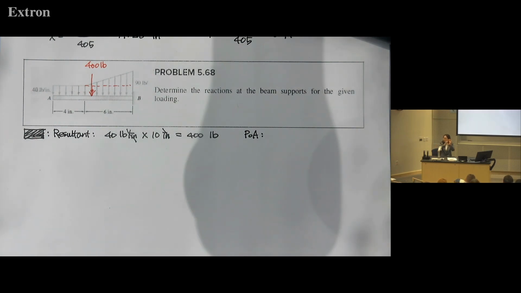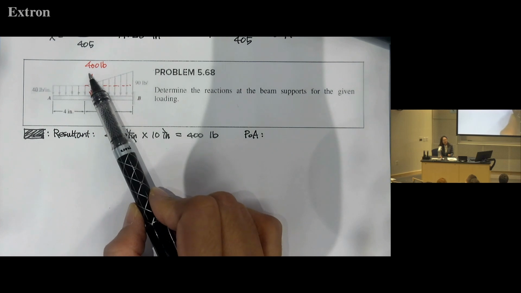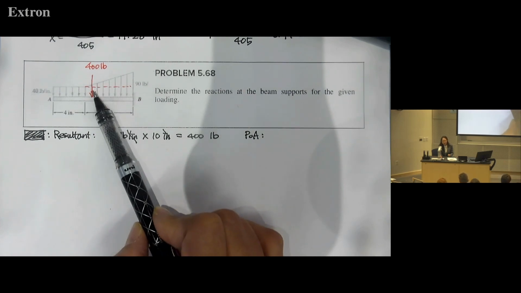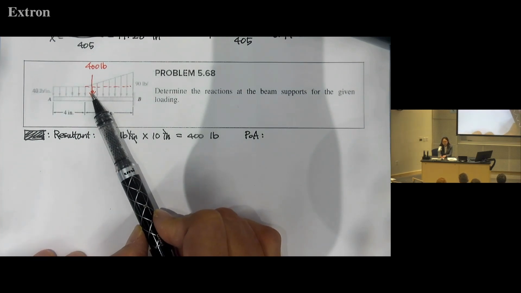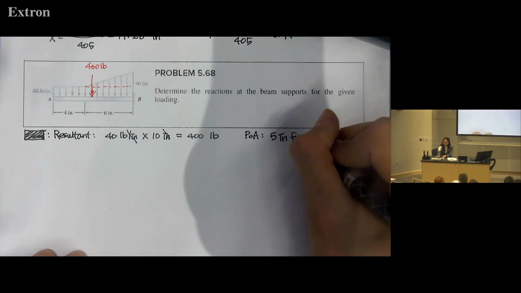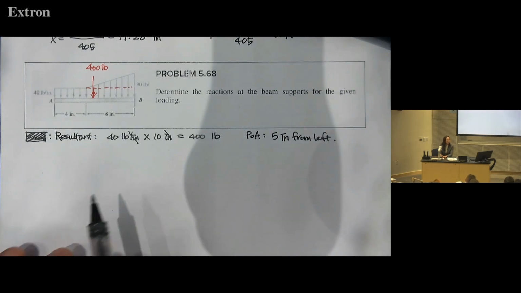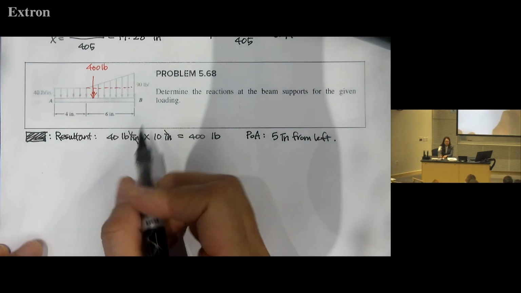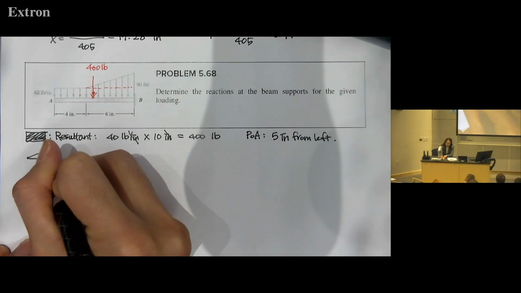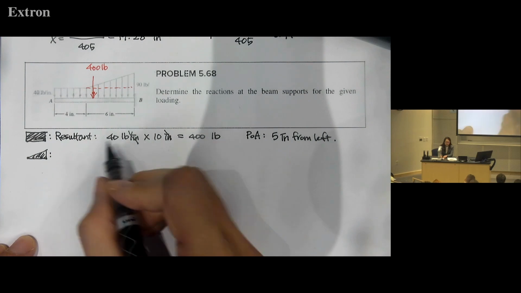Even though this load is distributed, when we set up the moment equilibrium equation, we consider this load as 400 pounds acting here. Okay, so our analysis for this rectangle is done. And now moving on to this triangle here.